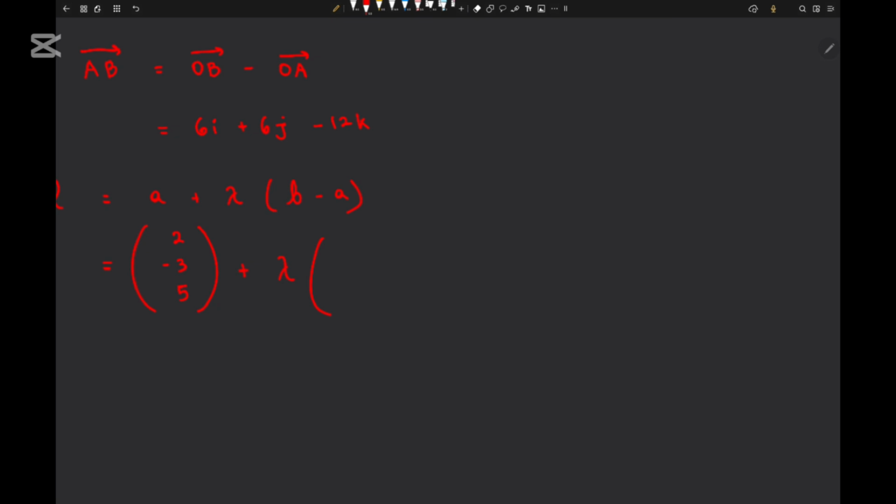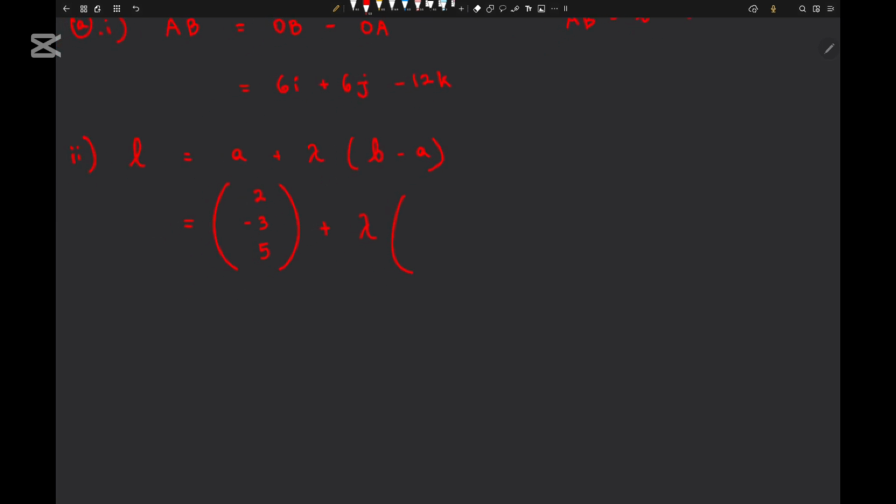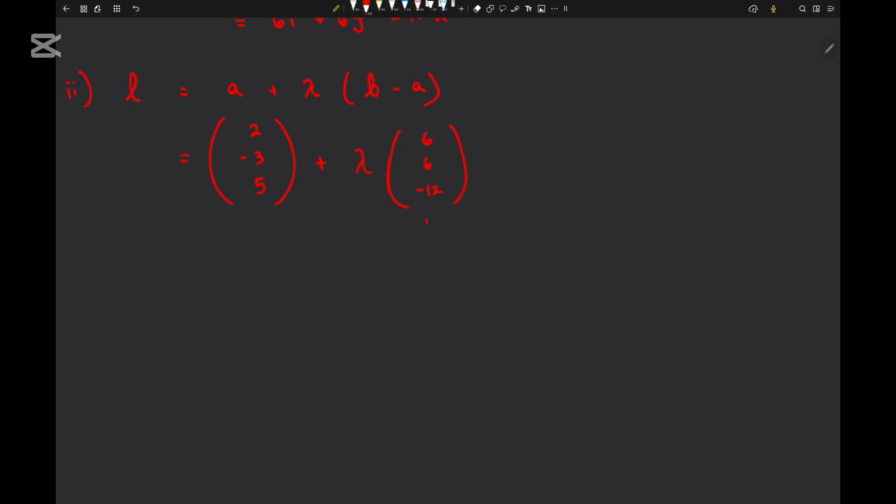We know that this is the AB vector, because the AB vector can be written as OB, which is the vector B, minus OA, which is the vector A. So B minus A is (6, 6, -12). Now this must be in the simplest form possible. If you take 6 common, this can be written as (1, 1, -2).